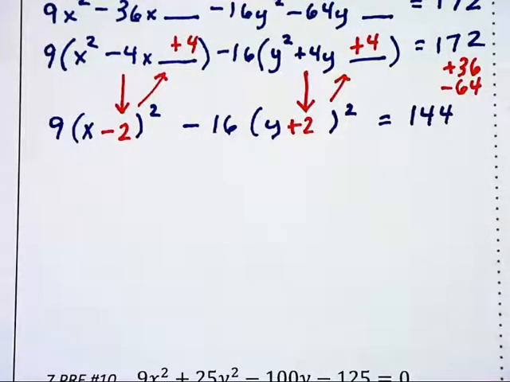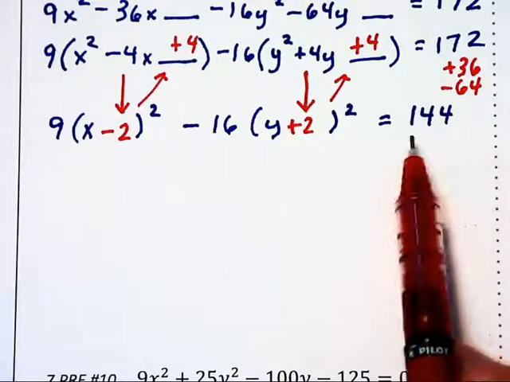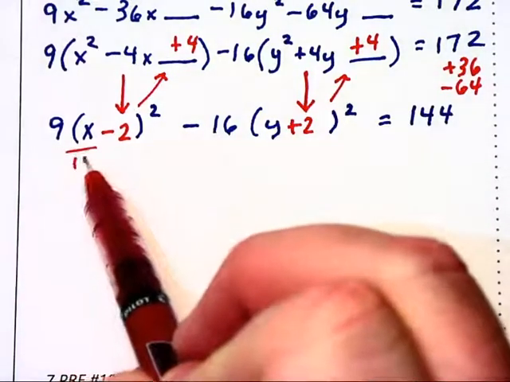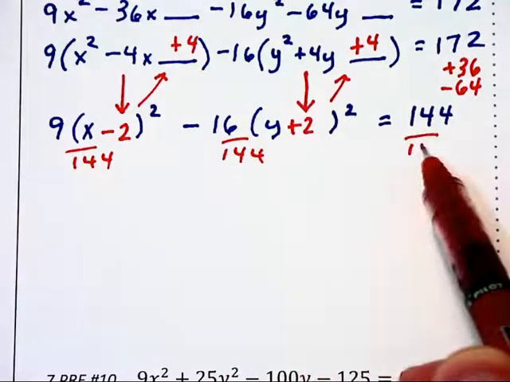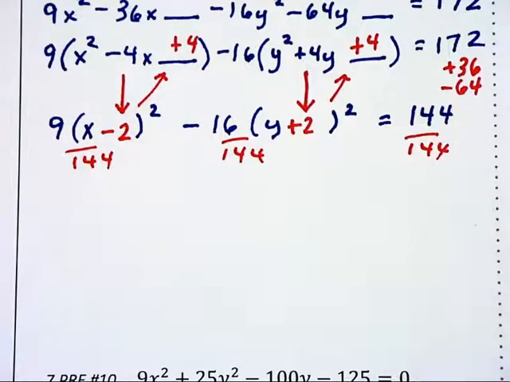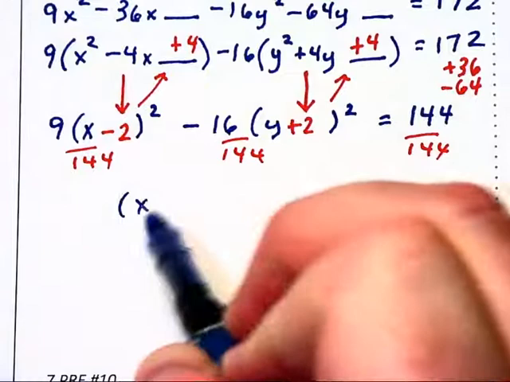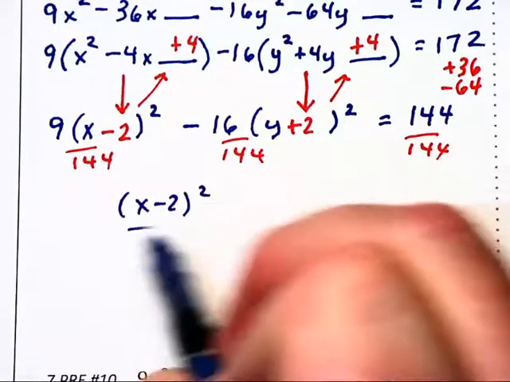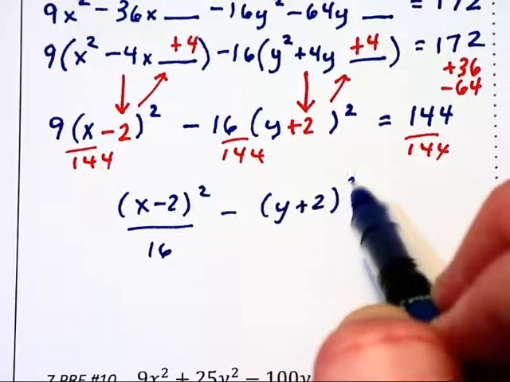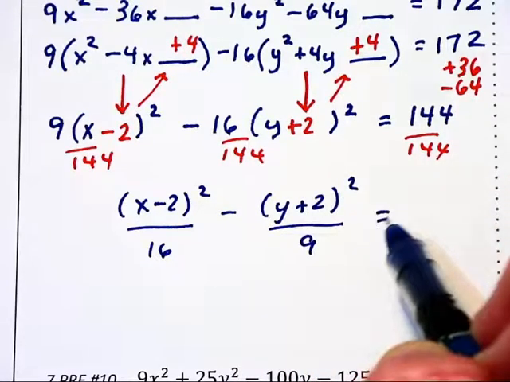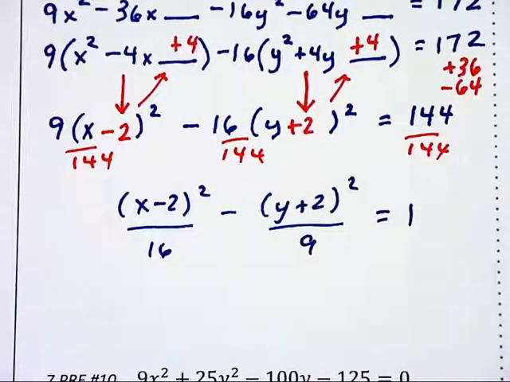Now, we don't want this equal to 144, we want this equal to 1, so we're going to divide by 144 on each side of the equation. This gives us x minus 2, quantity squared, over 16, minus y plus 2, quantity squared, over 9, equals 1, and that is our equation of this hyperbola in standard form.